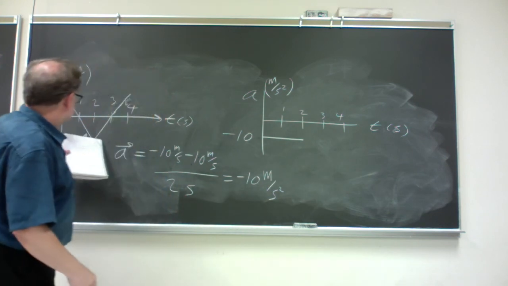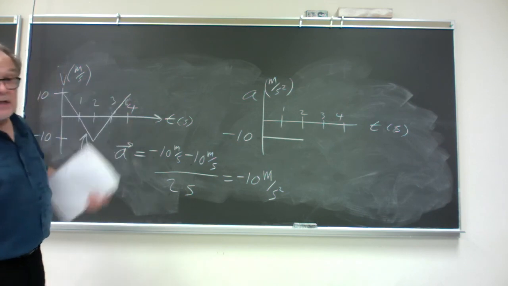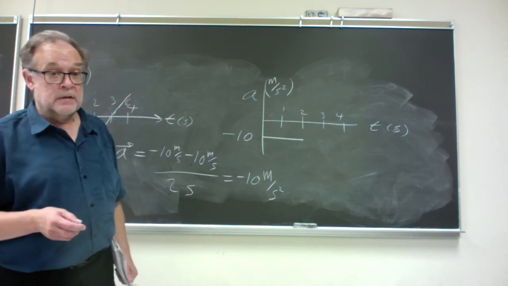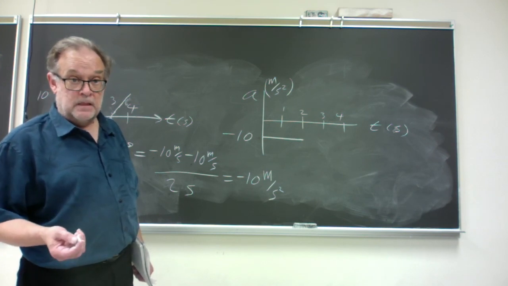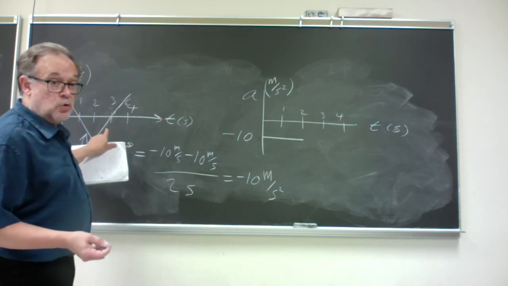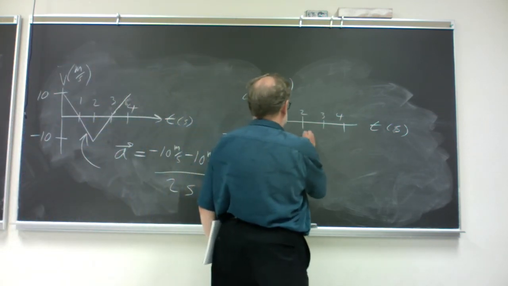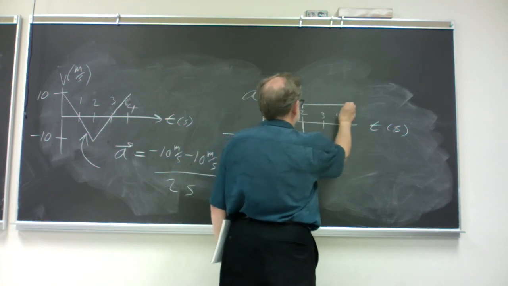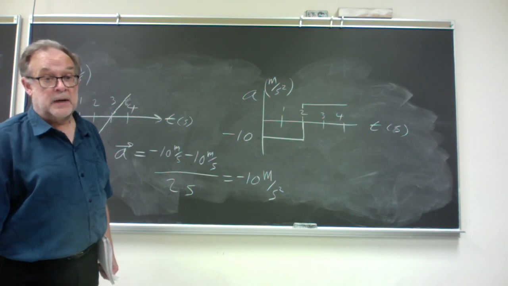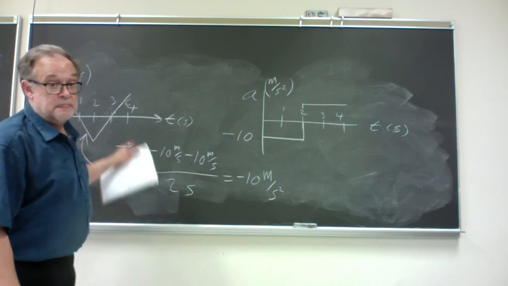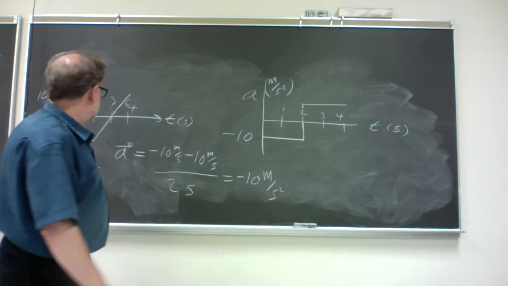Then a different slope from 2 to 4 seconds. It's a constant slope and positive. On a velocity versus time graph, slope is acceleration. So a constant positive slope means constant positive acceleration. And we can calculate the value of that constant positive acceleration. The value of this slope is the value of the acceleration.